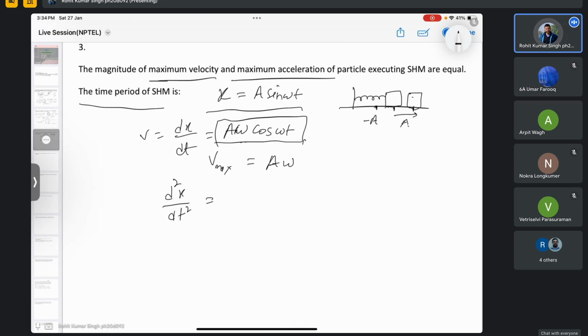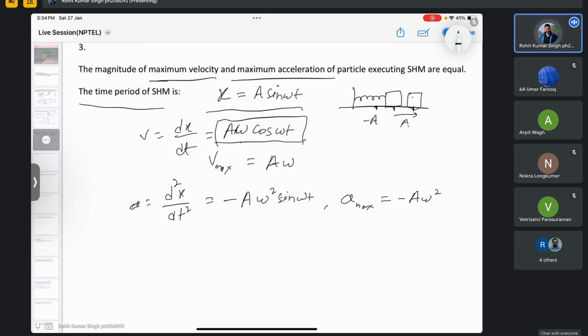So minus A, and this constant will come outside, so multiplied by omega, it will be omega square sine omega t. So this will be the acceleration, and again acceleration will be maximum when sine omega t is 1. So what is the maximum acceleration? Minus A omega square. Okay.